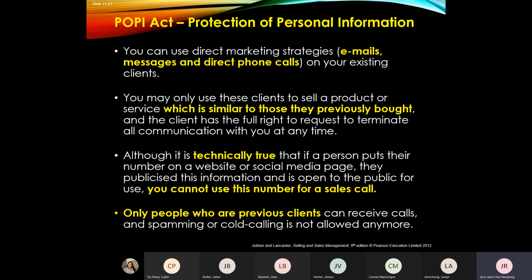If you were selling cell phones, you can't suddenly phone your existing customers to say, you've been supporting us for a while with your cell phone contracts, but we're also now selling houses. You can't do that. It's got to be a similar product to the one that they have bought up to that point, and that has made them a client with you.